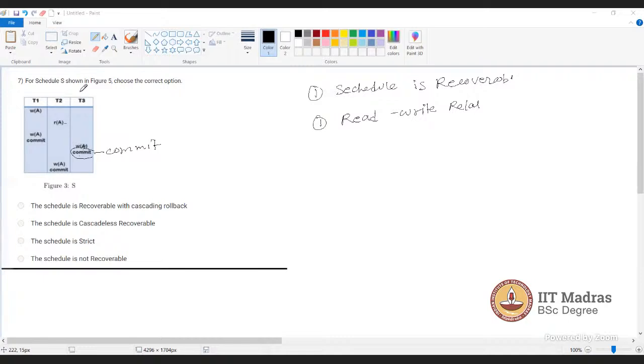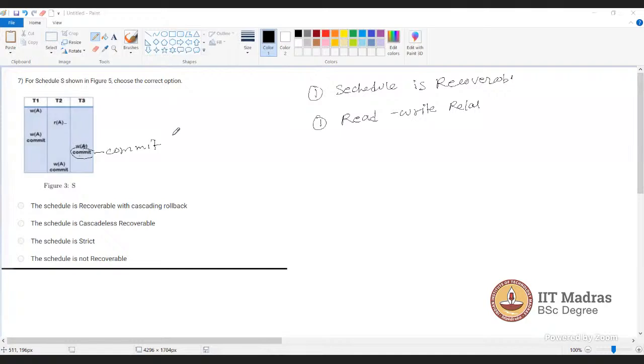T2 reads the data item that is written by T1, right? Yes, sir. So if after that, before the commit, an abort, meaning any failure, occurs, then we need to abort, right? If T1 rolls back, then T2 also needs to be rolled back because it reads the dirty value, not the original value that is in the database.